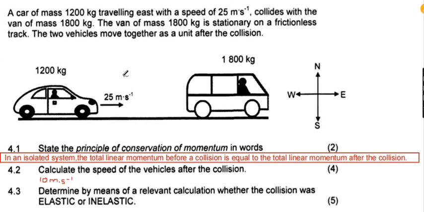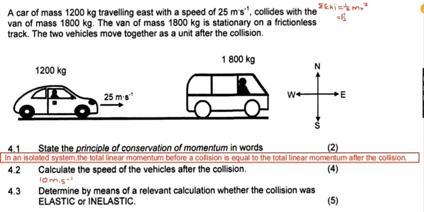The total kinetic energy before the collision must be equal to the total kinetic energy after the collision. But we are not sure if this is what happened here, so we have to go and calculate and figure that out. The formula for kinetic energy is 1/2 mv squared.